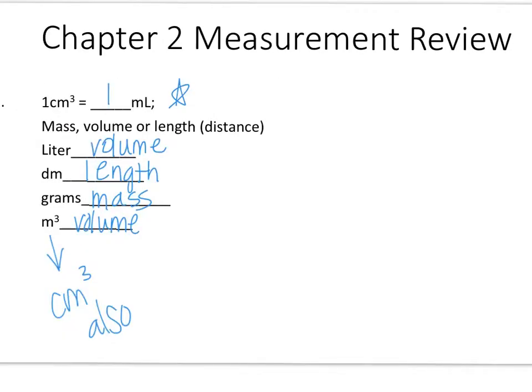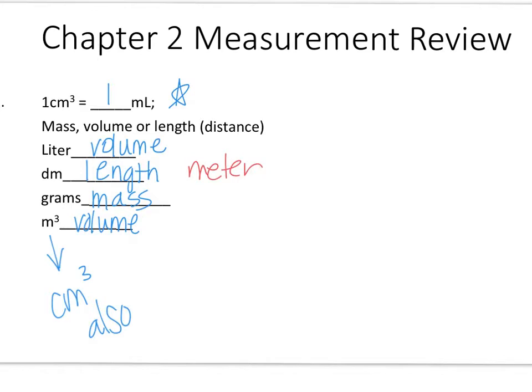So what number 3 was asking is it's just asking you to know what these things are measuring. You do need to know this conversion that 1 centimeter cubed is equal to a milliliter. You need to know that a liter is measuring volume, that decimeter would be measuring length. The other thing would be meter, which also would measure length.